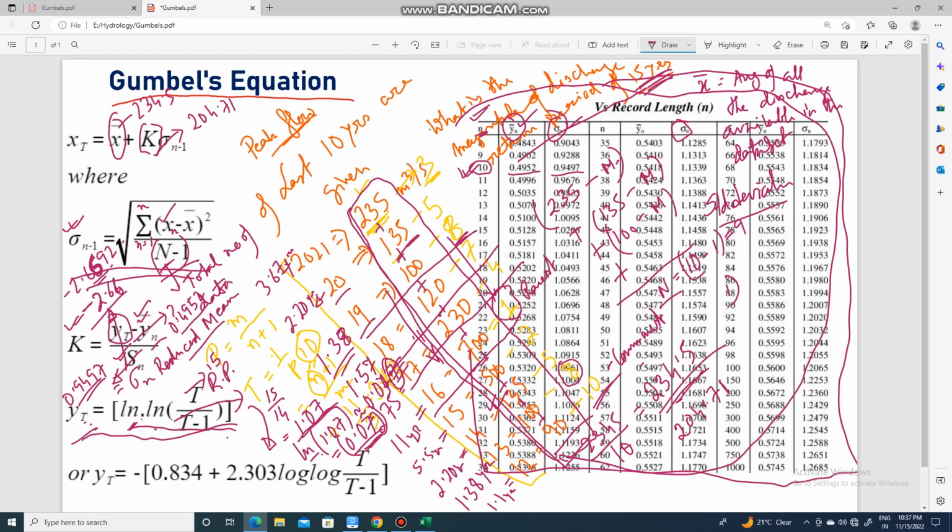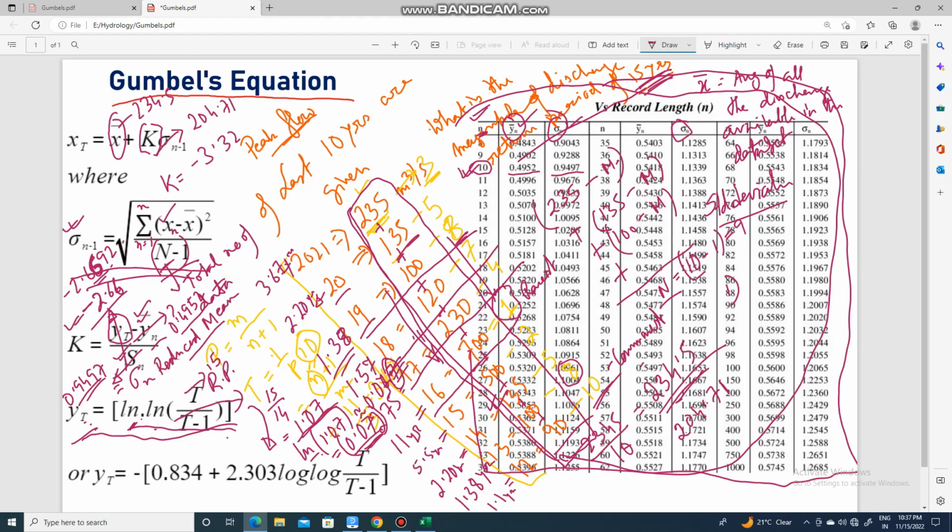Okay, so it is coming as minus 3.322. So here you see the value of K is coming as minus 3.32.